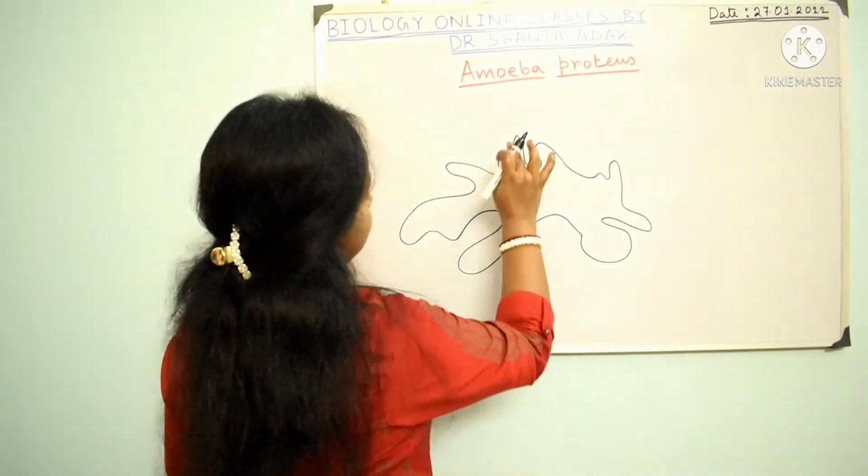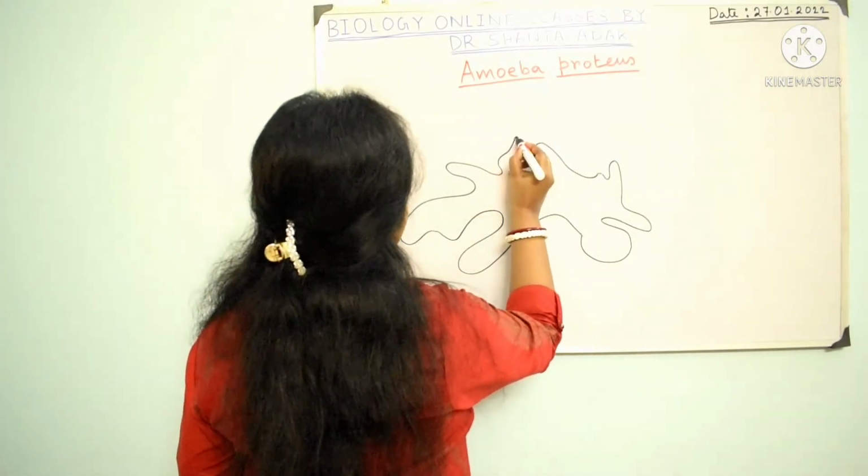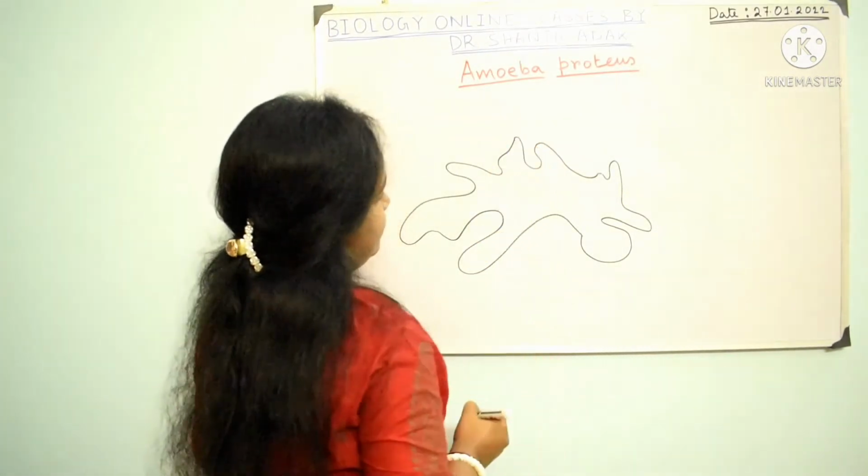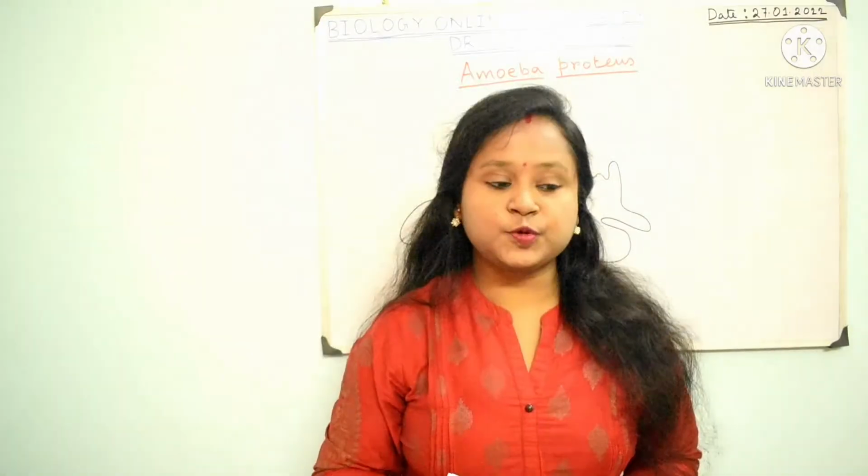This is a rough diagram of amoeba proteus. It has no fixed shape. It is always ever-changing in shape.